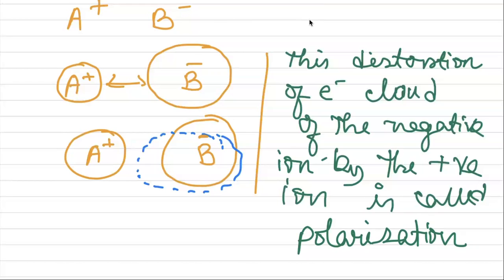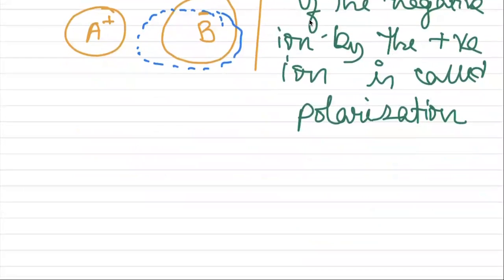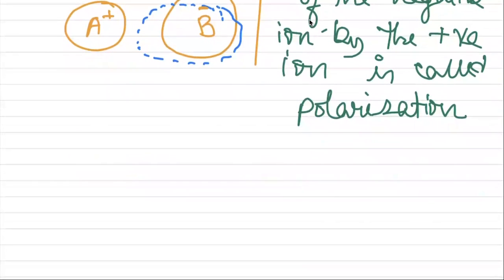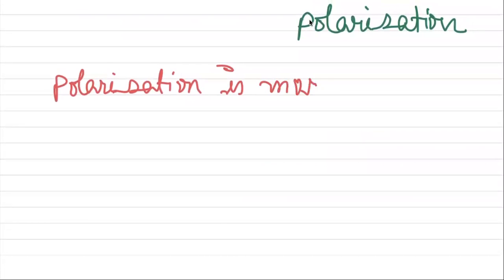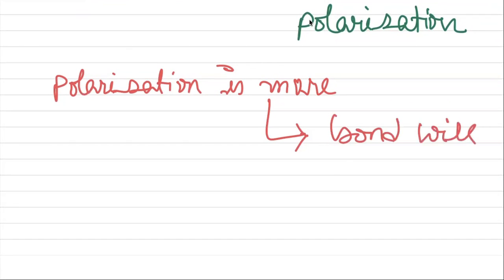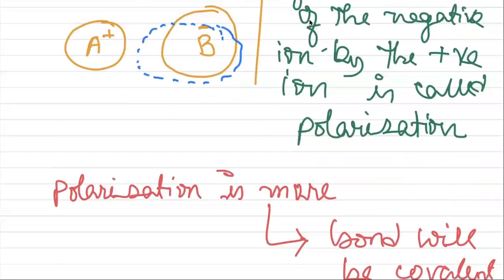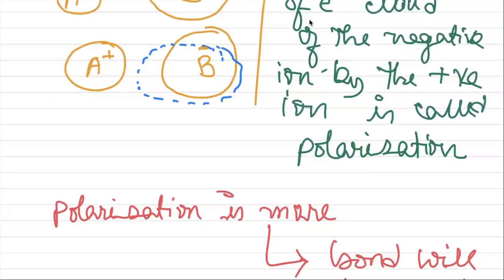If the degree of polarization is high, more distortion takes place, that means the bond will become covalent.